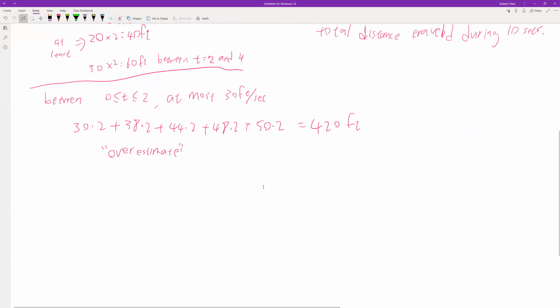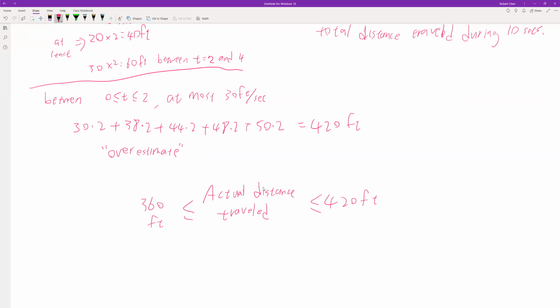So we know that the actual distance traveled is going to be greater than or equal to 360 feet and less than or equal to 420 feet. Because 360 feet is an underestimate, and 420 feet is an overestimate.